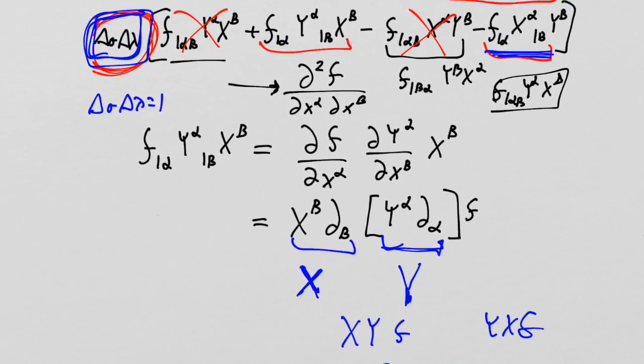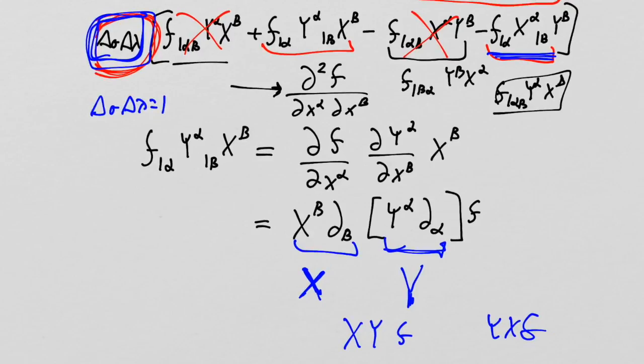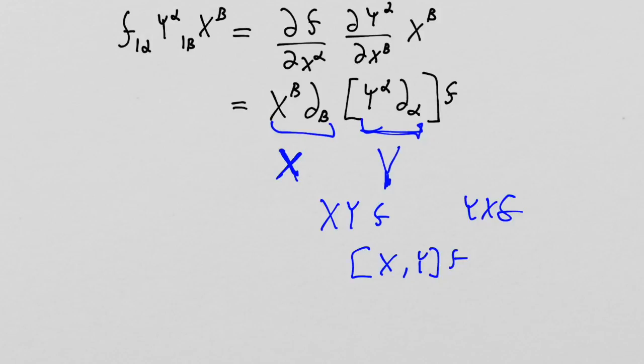But I like keeping them around because I like understanding this in arbitrary terms, because ultimately you would have a delta sigma delta lambda here. So that would say that the difference in those two values is x and y acting on the function multiplied by these little increment factors. If you set the little increment factors to 1, then that is the difference.